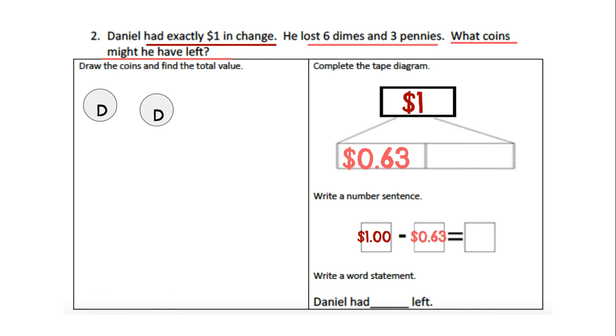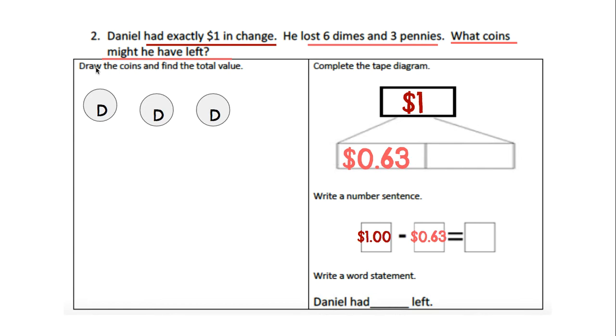Can I add another dime or will that take me over $1? Oh yeah, I can add another one. 93 cents. Can I add another dime? What would happen if I did 93 plus 10? Would that take me over $1? Yeah, definitely. My tens would be 10 tens and 3 ones. Nope, that would take me over. So I'm going to stop there for my dimes.